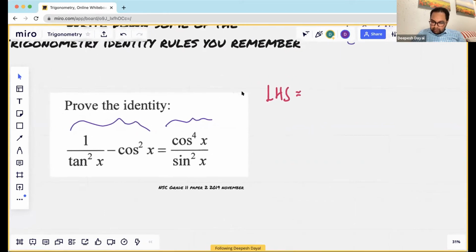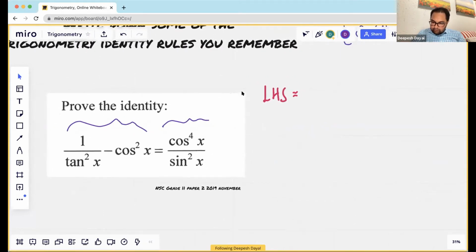Okay, wait, I'm going to write it now. So it's 1 over cos squared. Can you say, is it sine squared over cos squared?